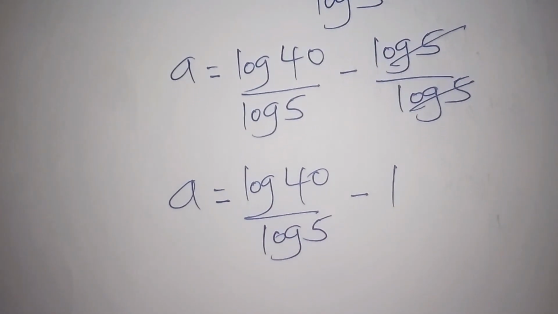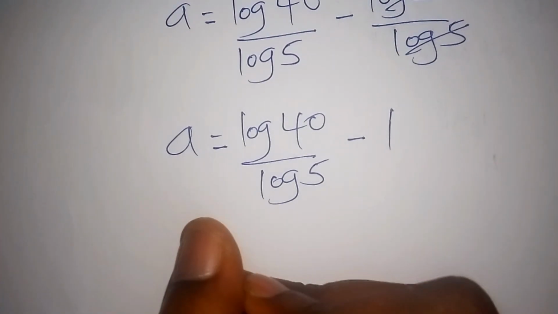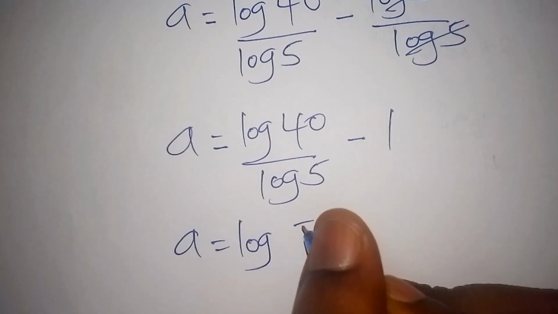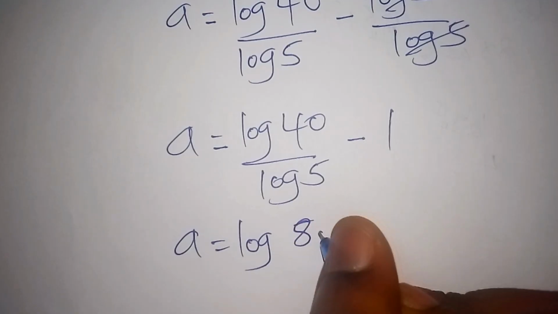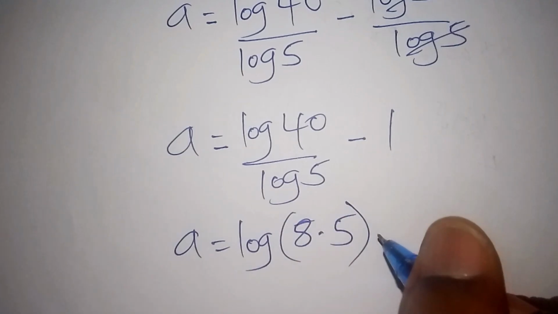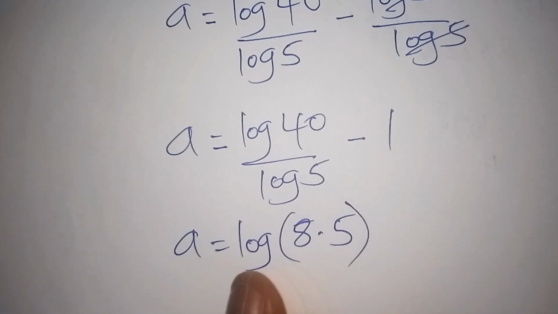Let's now factorize log 40 all over log 5. We say that a is equal to, log 40 can also be written as the log of 8 multiplied by 5, all over the log of 5, then minus 1.